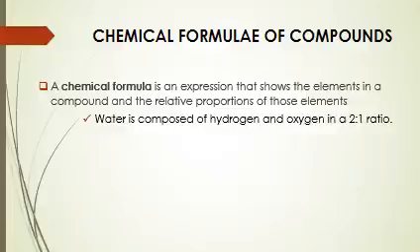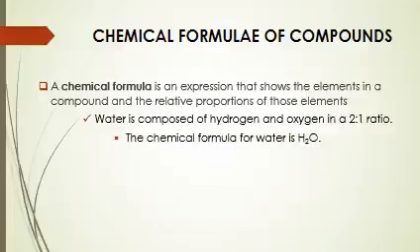So, the proportions of hydrogen and oxygen is in 2 to 1 ratio. So the chemical formula of water is H2O. So you can see that inside this formula there's those elements, hydrogen and oxygen, and there's also that proportion among those elements, like hydrogen having 2 atoms and oxygen having 1 atom, so ratio of 2 to 1.